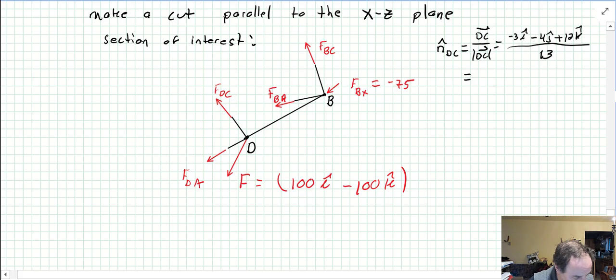Well, let's just do the whole thing. The force FDC is going to equal the magnitude of force DC times the unit vector, which doesn't get much simpler: minus 3 over 13 i minus 4 over 13 j plus 12/13 k.